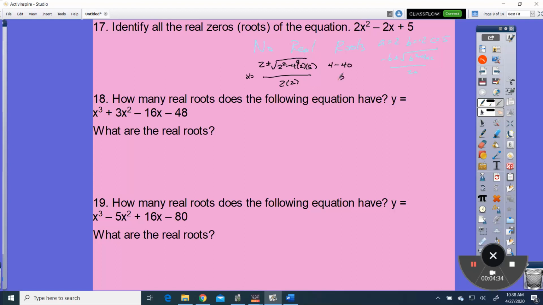So I end up with 2 plus or minus the square root of negative 36 over 4. Okay, the square root of 36 does come out, but that's an i, and we aren't after i's because we only want the real roots, not the complex ones.